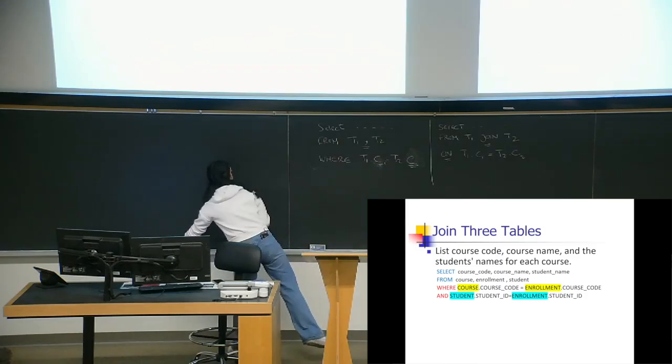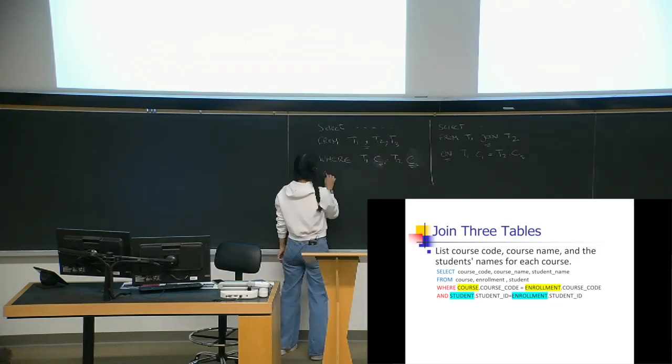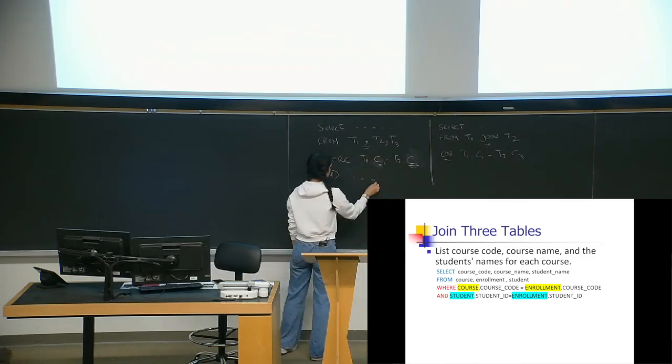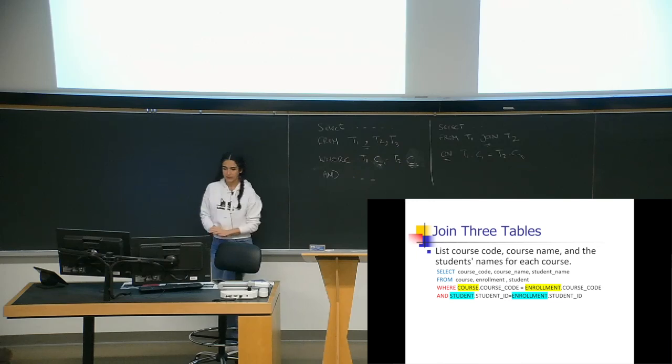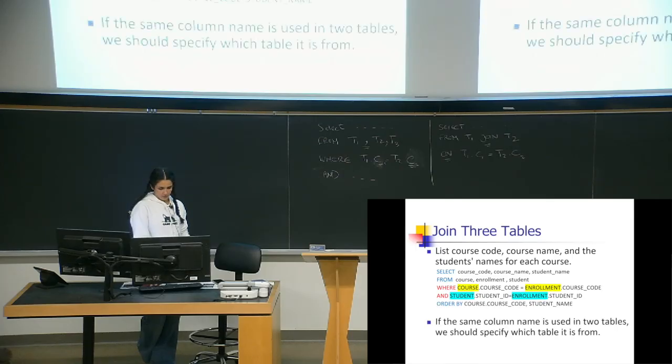So if you want to join three tables, right? Then 1, 2, 3, 4, 5, right? And then you just use and to join these tables. So the one thing to be careful about is if the same column name is used in two tables, you have to specify which table it is from.